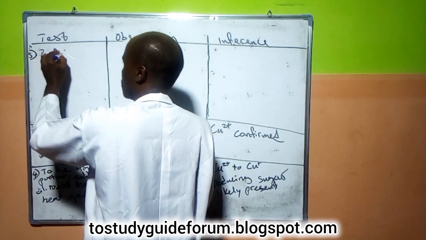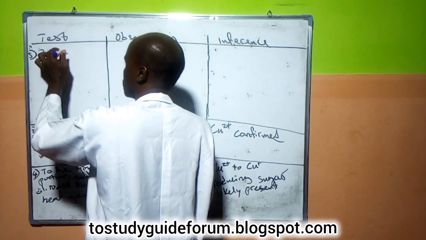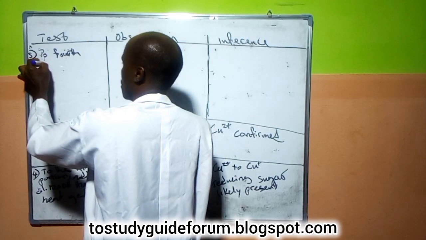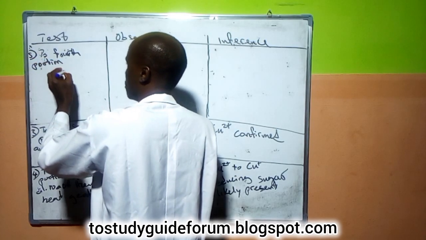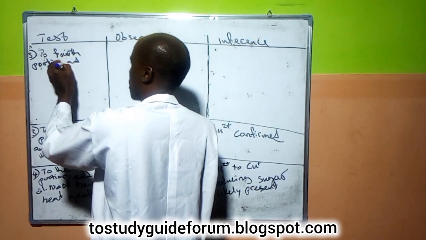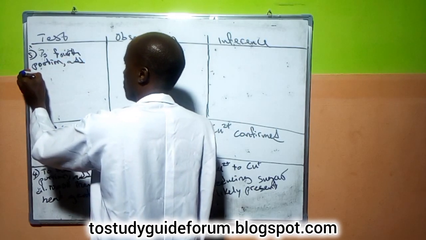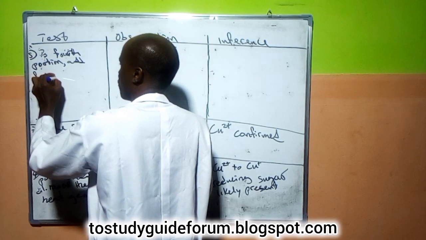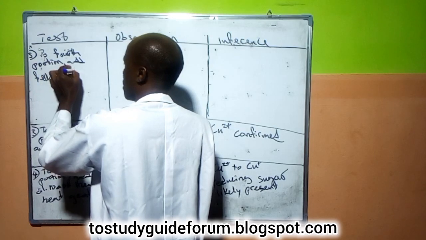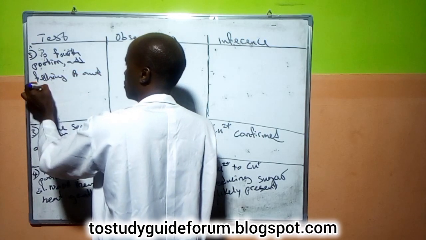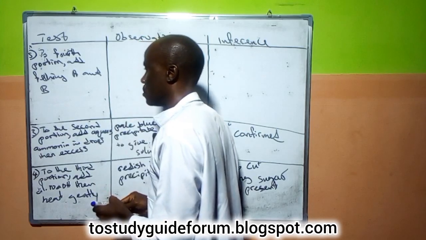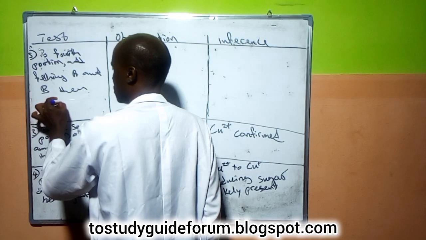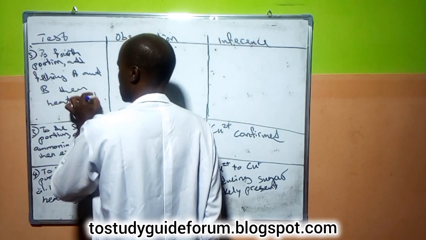So the fourth portion, add Fehling A and B. Then heat gently.